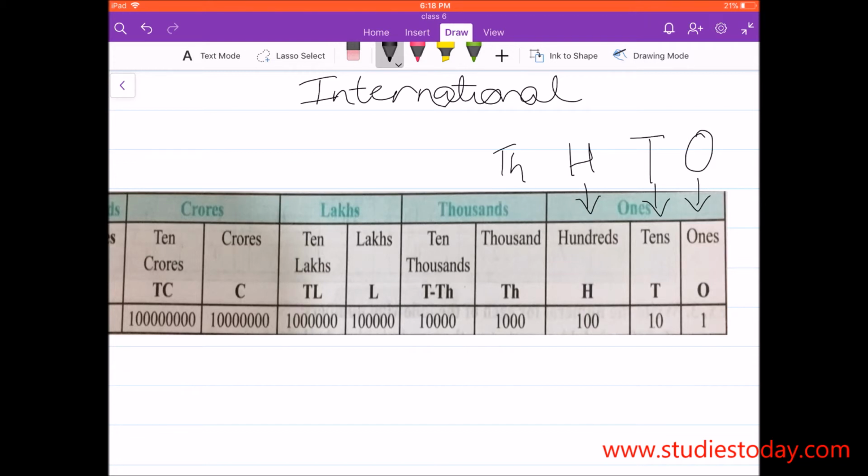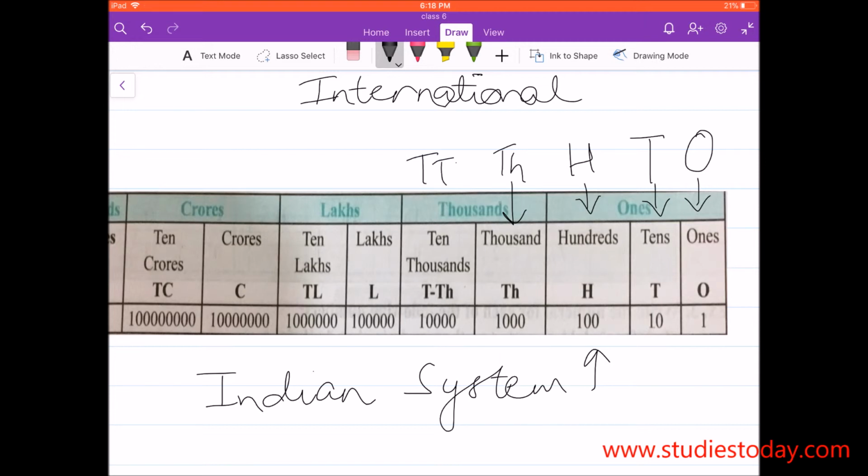And this below one is the Indian system. Then I have 1000, which is again the same. Then I have 10,000, which is again the same, but now this differs. We have 100,000 and in the Indian system we have lakhs.